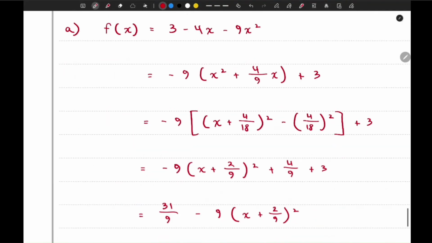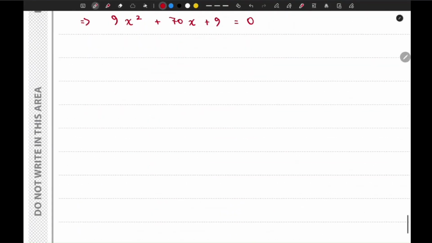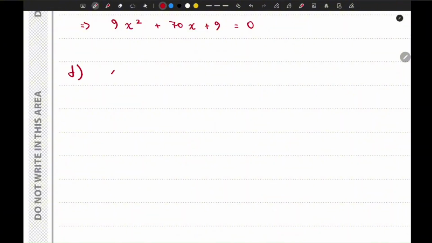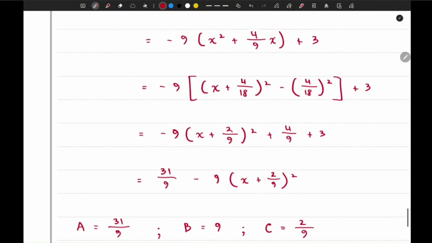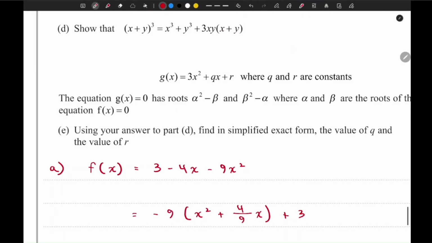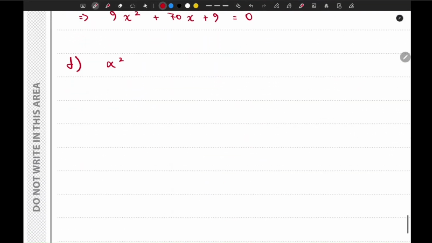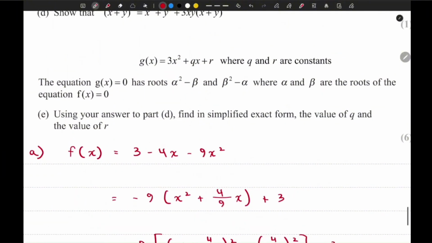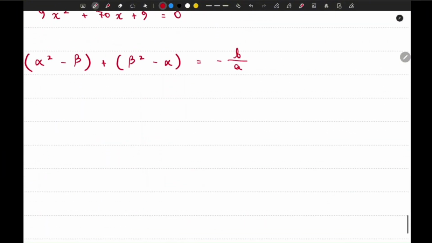So first of all, we can say that the sum of roots, which is alpha squared minus beta plus beta squared minus alpha, is equal to negative b over a. The value of b is q and the value of a is 3. So that's q divided by 3.